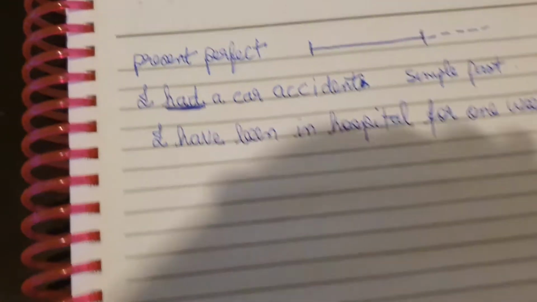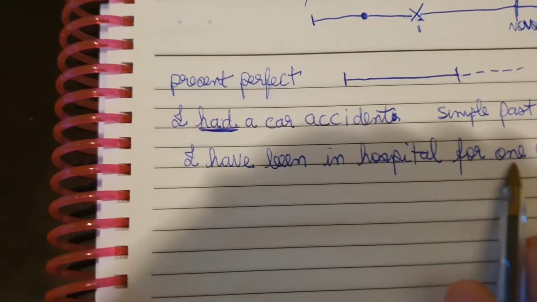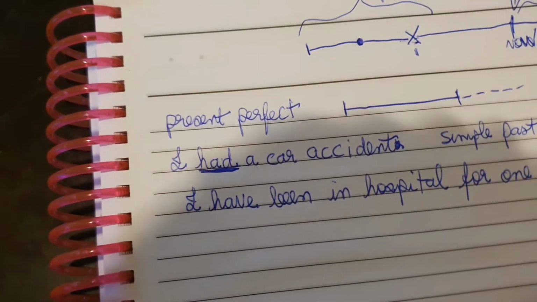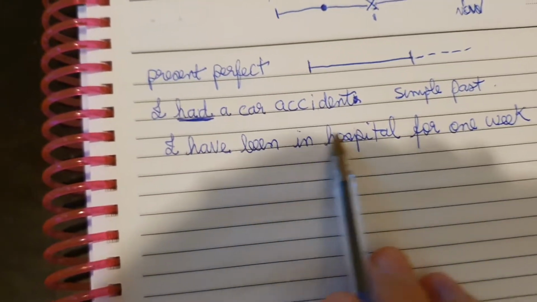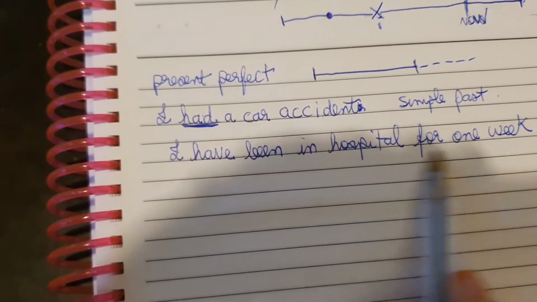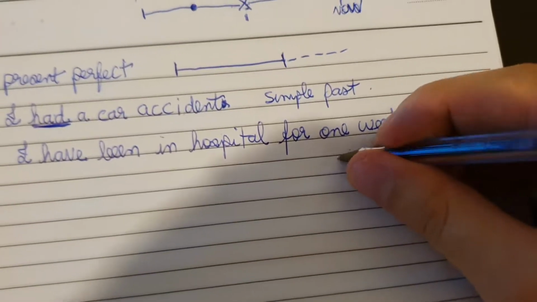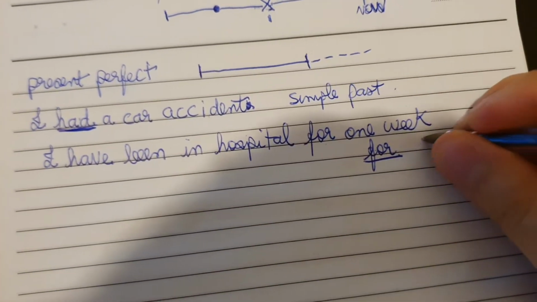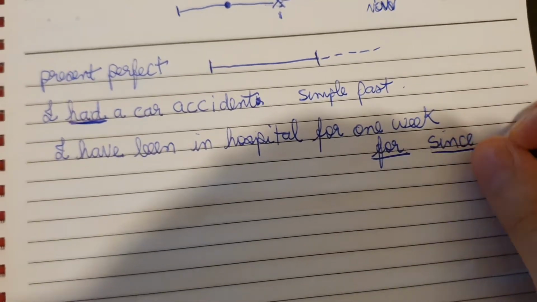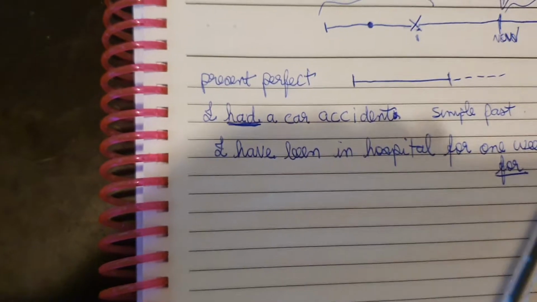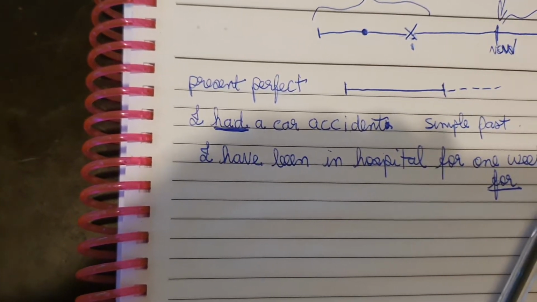So I can say I have been in hospital for 1 week. Okay, so you can't express this idea in the simple present. And remember the clues I gave you before. When you have expressions such as for and since, you use the present perfect tense. Okay? That's it.